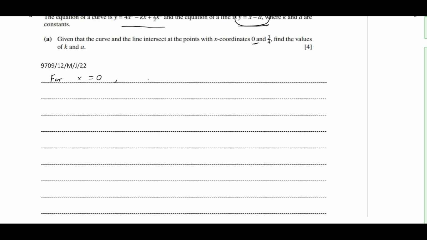For x equals 0, here it is 4 times 0 square minus k times 0 plus half k square, which will be equal to 0 minus a. So this will give you half k square equals minus a. So this is one equation we get.